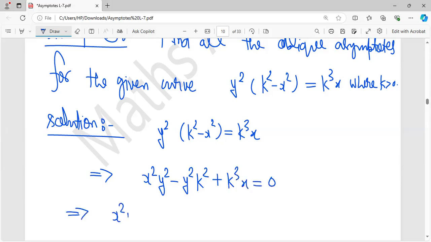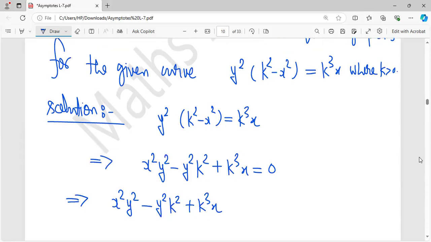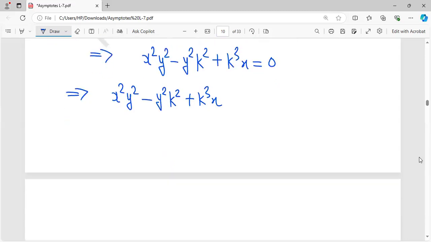So x square y square minus y square k square plus k cube x. What is phi 4 of a? Because the highest degree is 4. So phi 4 of a, what is this?